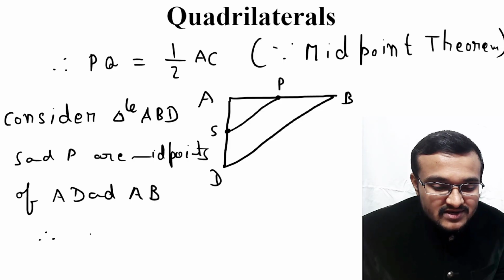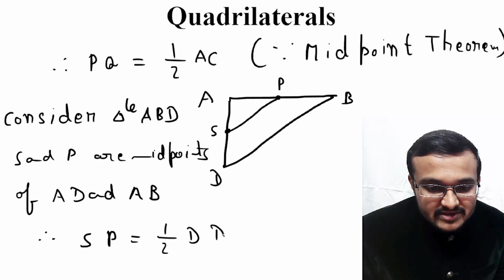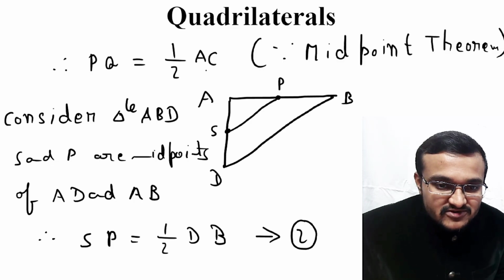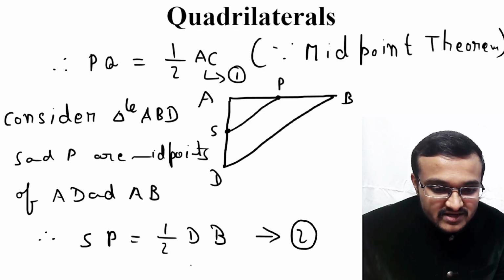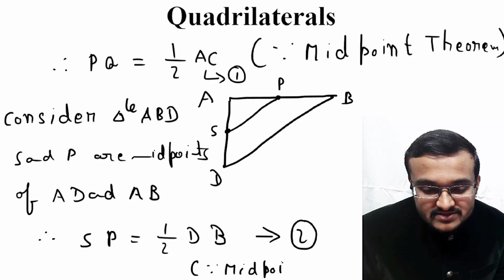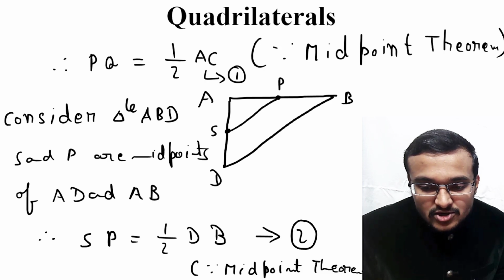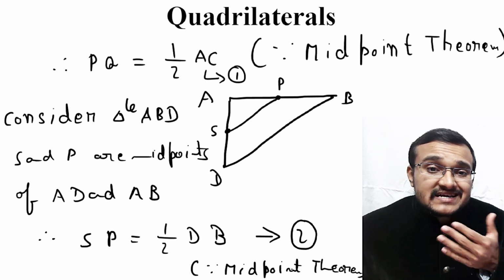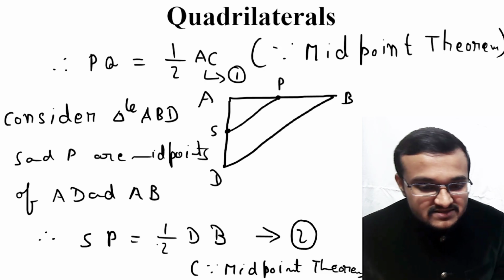So therefore, SP is equal to half DB. So you can call this equation 2, and the previous one equation 1. And this is also from the midpoint theorem, or shortly you can call this MPT, that is midpoint theorem.